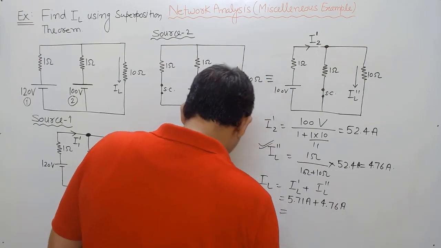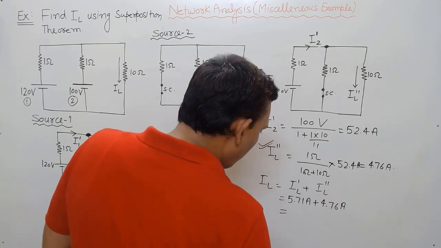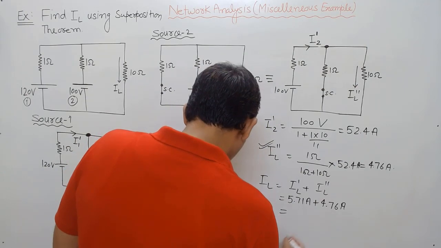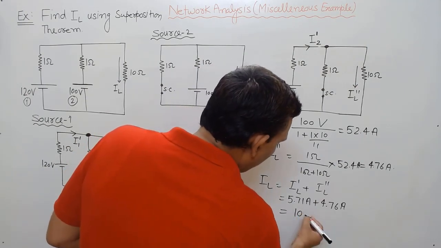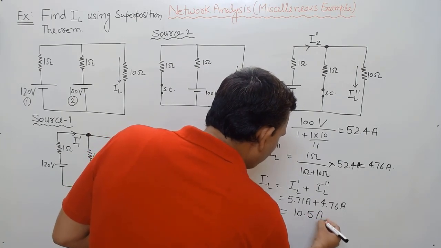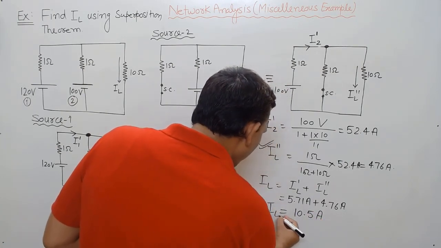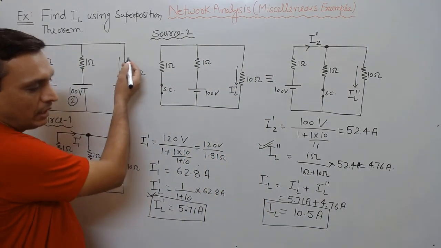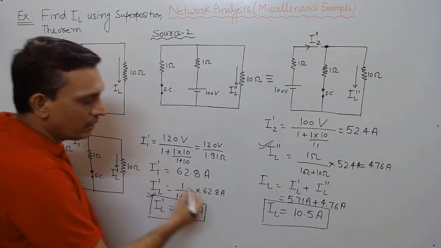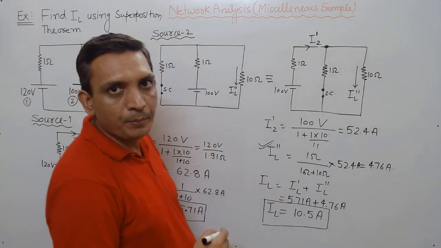If you add these two, you can write this as approximately 10.5 ampere. So the current through the 10 ohm resistance, that is IL, is 10.5 ampere.